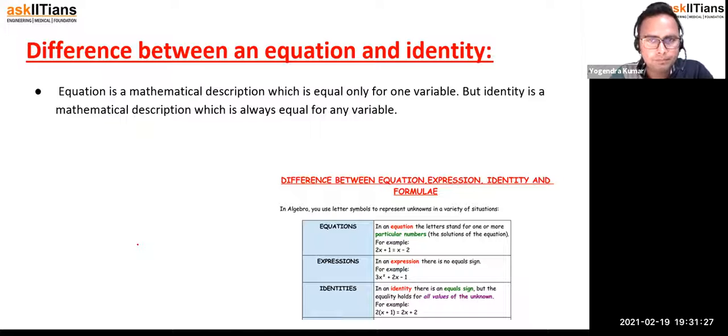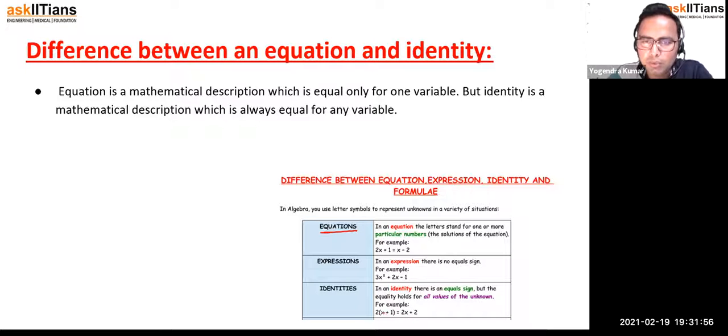So here you can see the equation. In an equation, the letter stands for one or more particular numbers, right? So here you can see 2x plus 1 equals x minus 2. So here it will have a particular solution. Expressions, okay, this is what an expression. What is an identity? Like this is the identity we have.